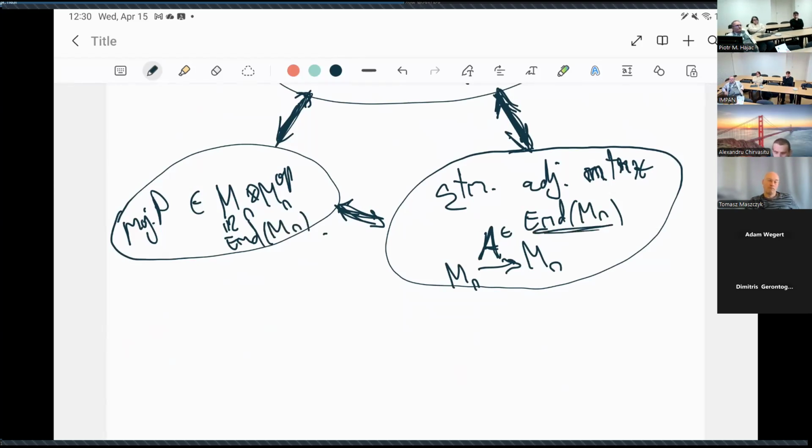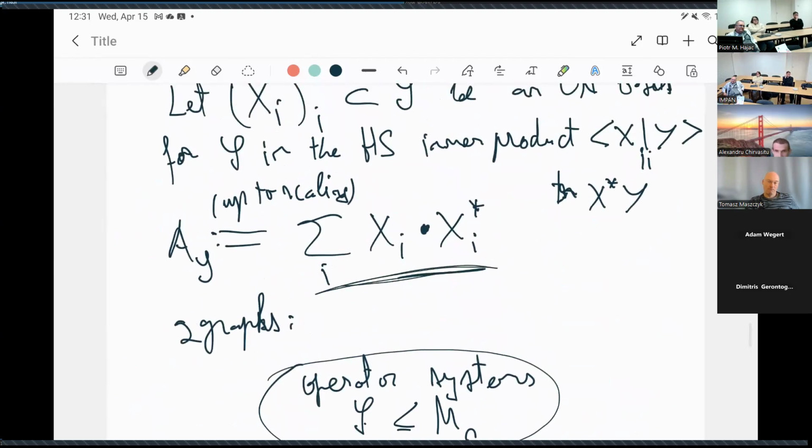Now, these are not the same End Mn. The identifications are different. The A is not the P. A is not a projection. It's not idempotent in general. Just look at its shape. There's no reason why it would be idempotent, yeah?